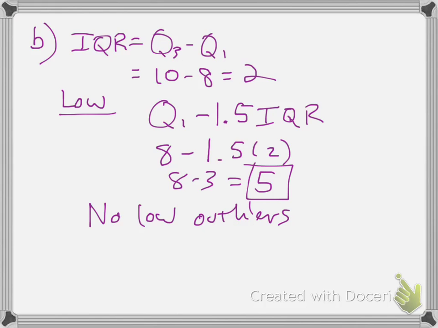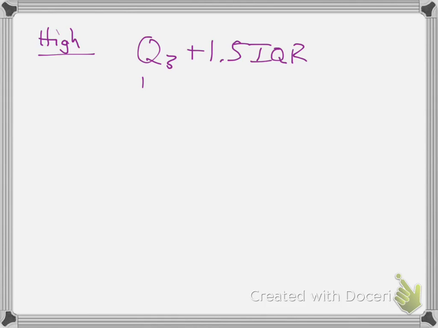Okay, let's check for high outliers. It's going to be a high outlier if any point in there is greater than Q3 plus 1.5 times the IQR. We've calculated Q3 was 10. IQR didn't change from the last problem.